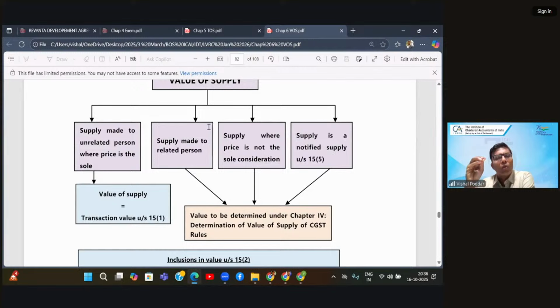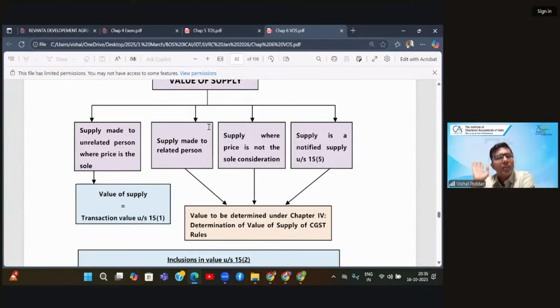Now, the flow is you have to first check 15.5, that is whether your supplies are covered in the notified supplies list. If yes, you have to directly go to the valuation rules for 15.5 notified supply value. If not, you come to 15.1 to check whether you are satisfying the conditions of 15.1.